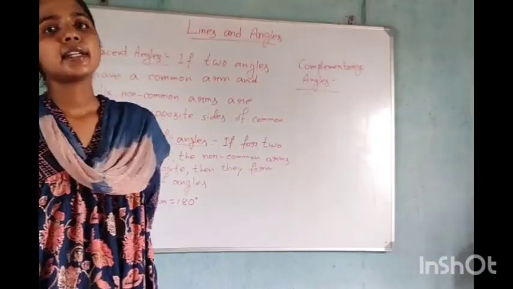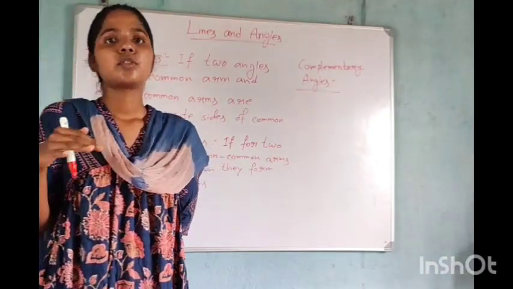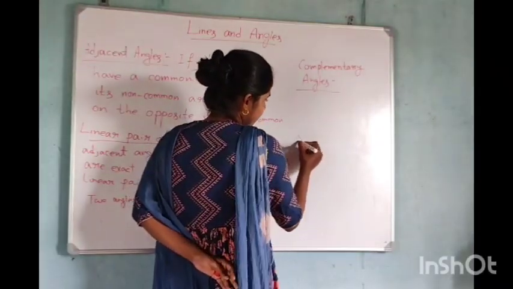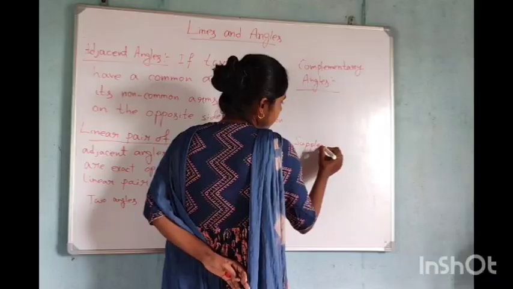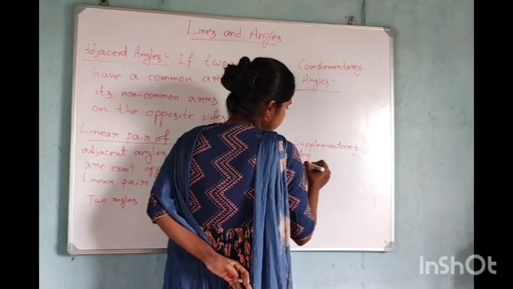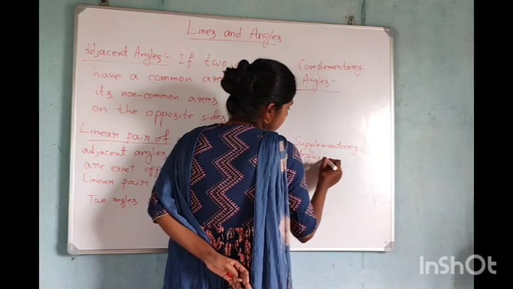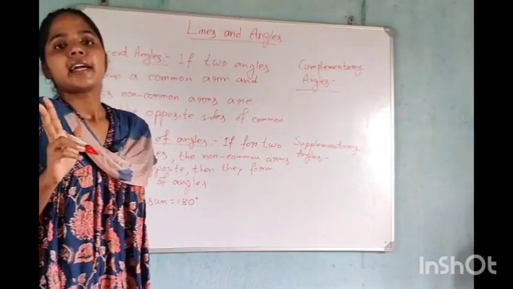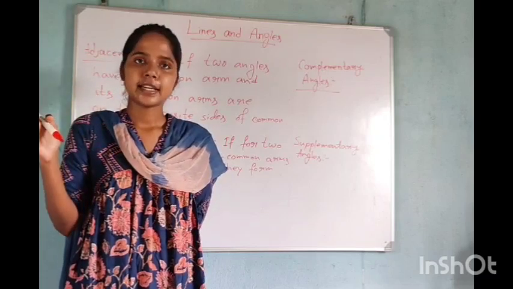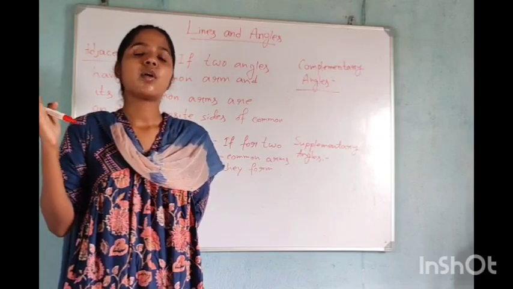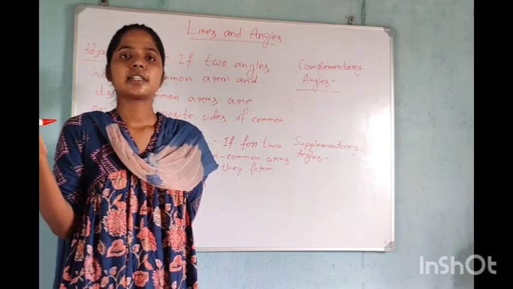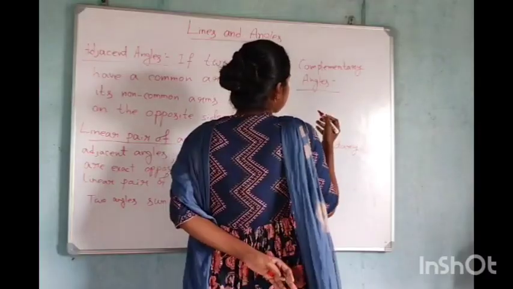Also in supplementary angles, there are two angles. We will talk about two angles in these two definitions. In complementary angles, two angles sum is 90 degrees. If two angles sum is 90 degrees, then they are called complementary angles. If two angles sum is 180 degrees, then they are called supplementary angles.